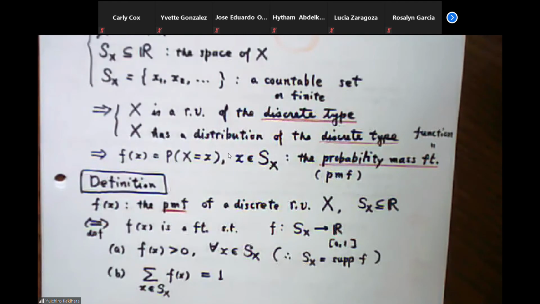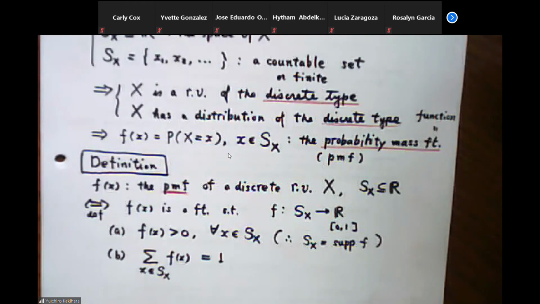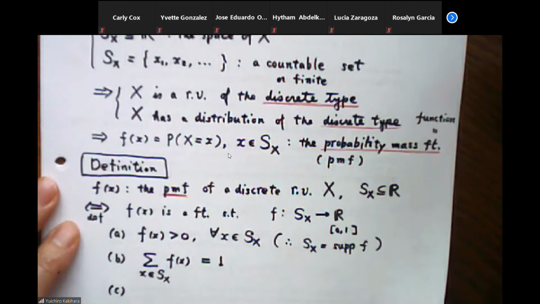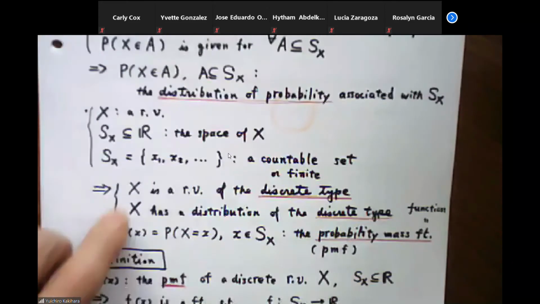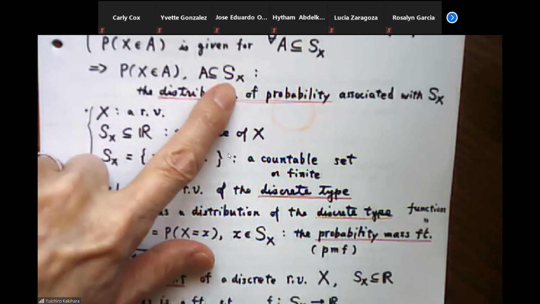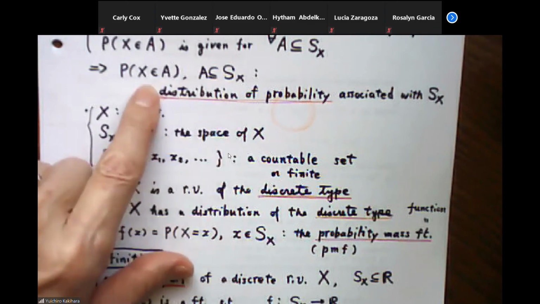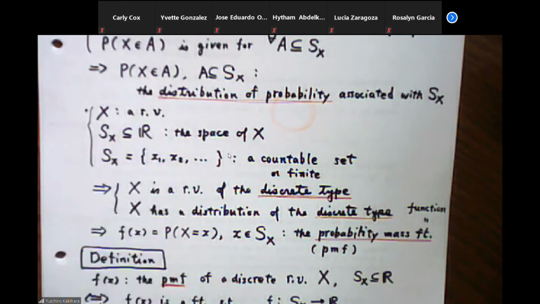That's the second property. And then lastly, as we go back here, this A is a subset of S of x. How do you calculate this one? Okay, that's a point.